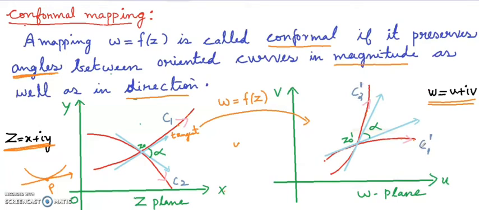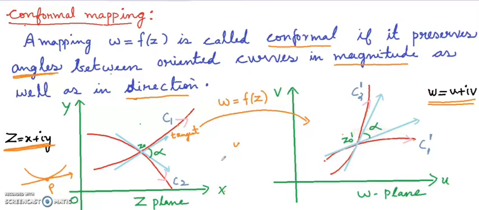After drawing C1 dash and C2 dash, the point of intersection of these curves is Z0 dash. You can draw the tangents to C1 dash and C2 dash, similar to the z plane, and alpha is the angle made by the tangents.